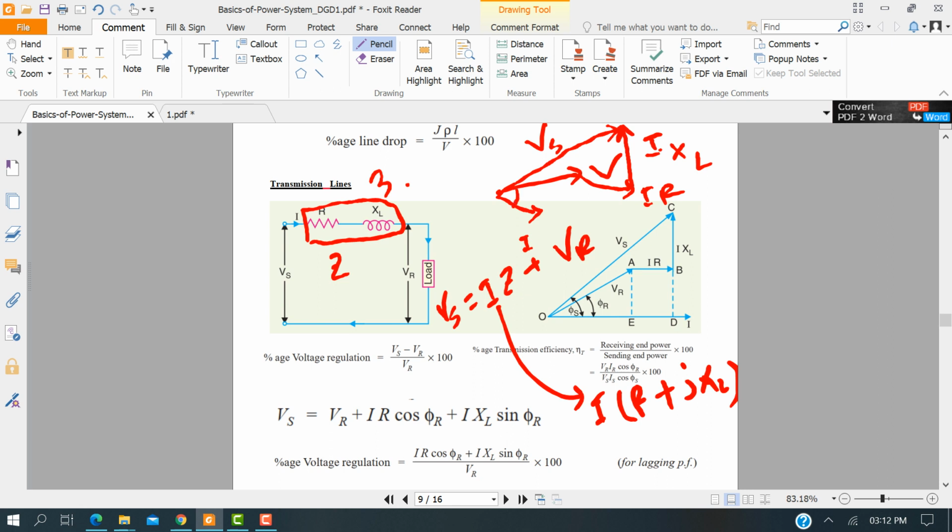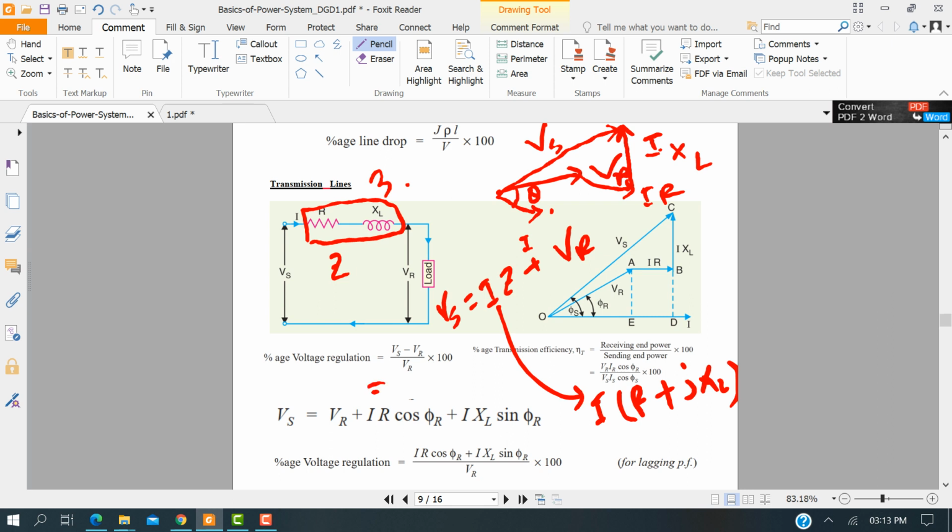So here is the receiving end voltage, and this is the power factor angle between voltage and current I. This is the receiving end current. In this series circuit, the current remains the same. So this is the voltage regulation. From the equation, Vs minus Vr equals I(R plus jXL), so actually it's a voltage drop over here.